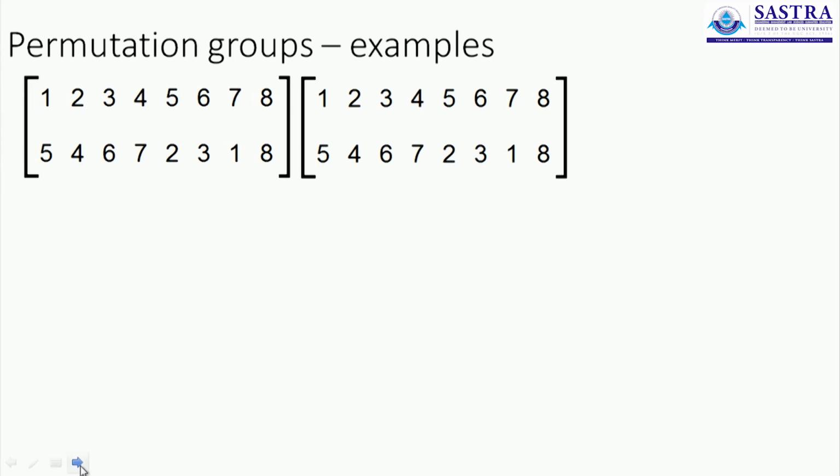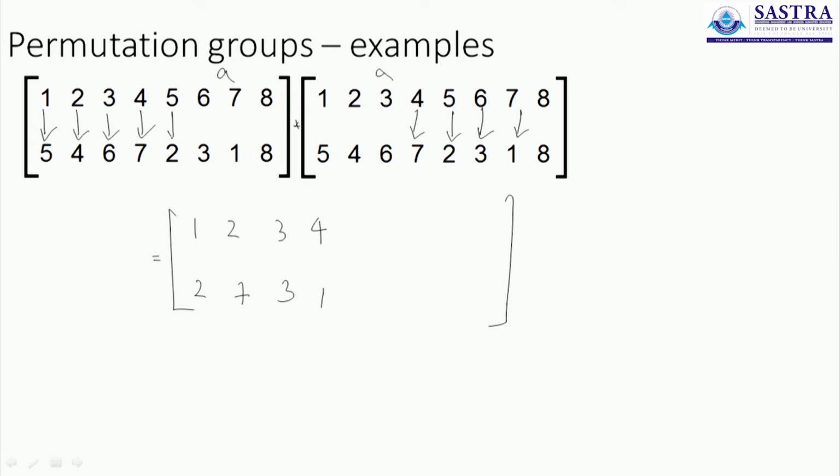Now what if I operate the same element? It's like A star A, I'm operating A on A. Let's check what happens then. 1 to 5, 5 to 2, so 1 is going to 2. 2 to 4, 4 to 7, so 2 goes to 7. 3 goes to 6, 6 goes to 3, so 3 is to 3 again. 4 to 7, 7 to 1, so 4 goes to 1 this time. 5 to 2, 2 to 4, so 5 goes to 4. 6 to 3, 3 to 6, so 6 goes to 6. 7 to 1, 1 to 5, so 7 goes to 5.